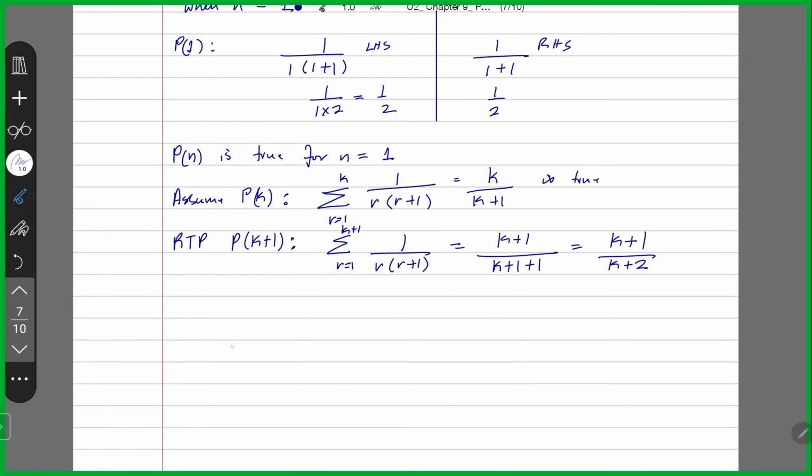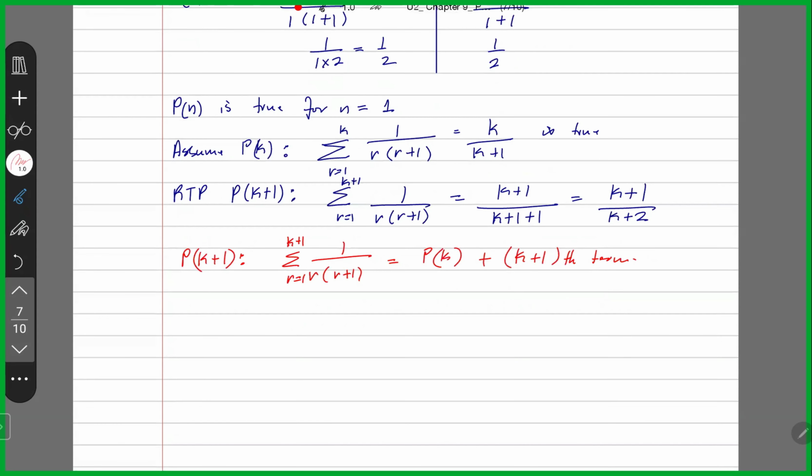So let's change the color ink for that last bit of it. So for starters, Pk plus 1, which is the statement from r equals 1 to k plus 1 of 1 over r into r plus 1, is actually equal to Pk plus the k plus 1 term.